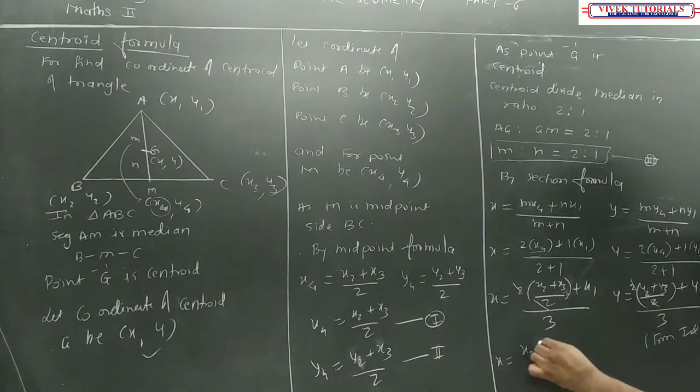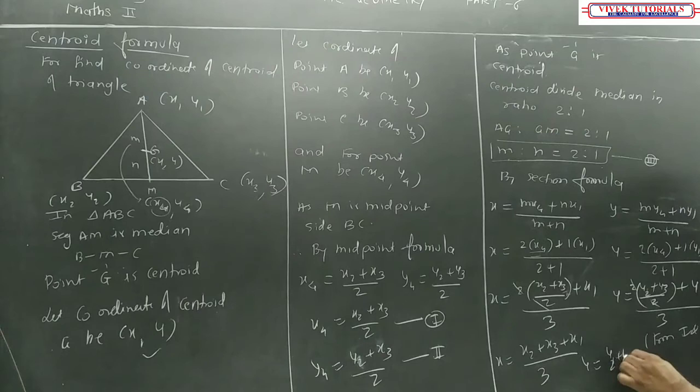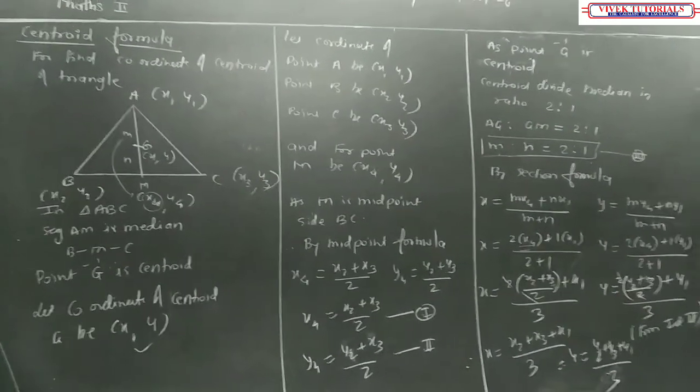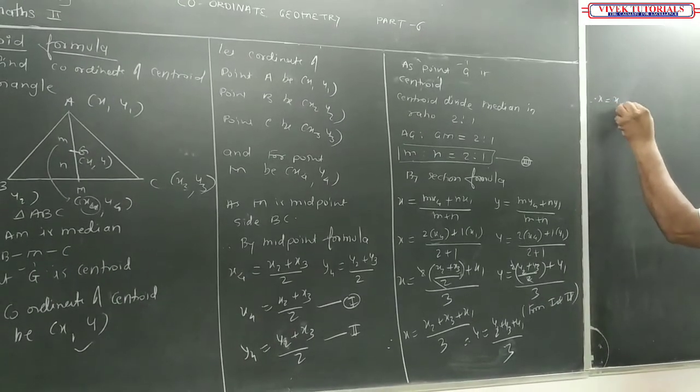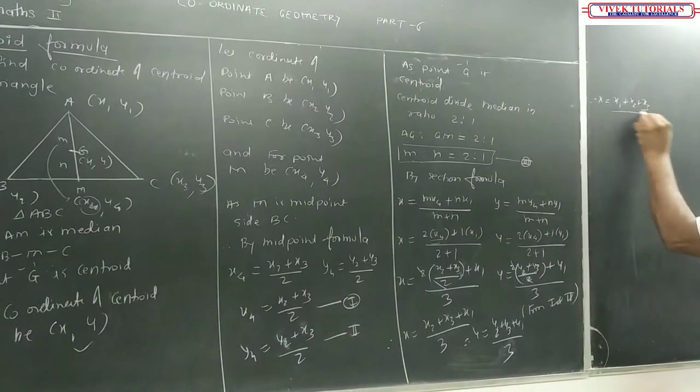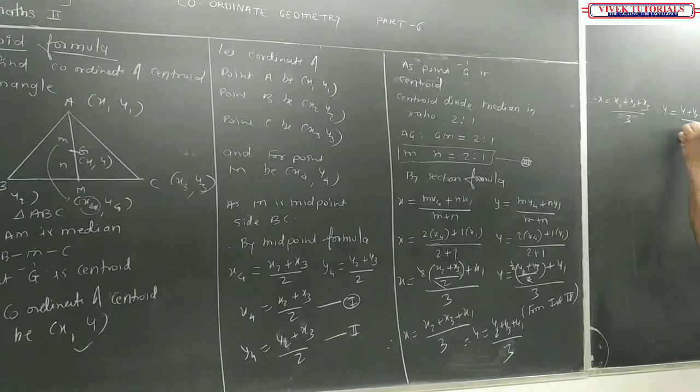So I will get x2 plus x3 plus x1 upon 3, or y is equal to y2 plus y3 plus y1 upon 3. So see the calculation how we got it. Okay. So therefore x is equal to, if I rearrange it properly, x1 plus x2 plus x3 upon 3, or y is equal to y1 plus y2 plus y3 upon 3.